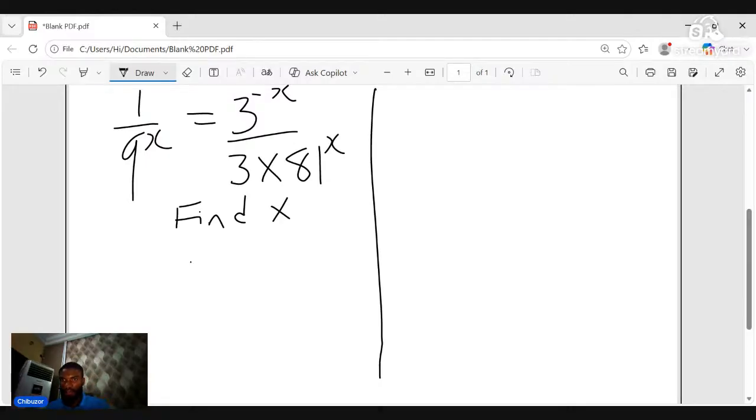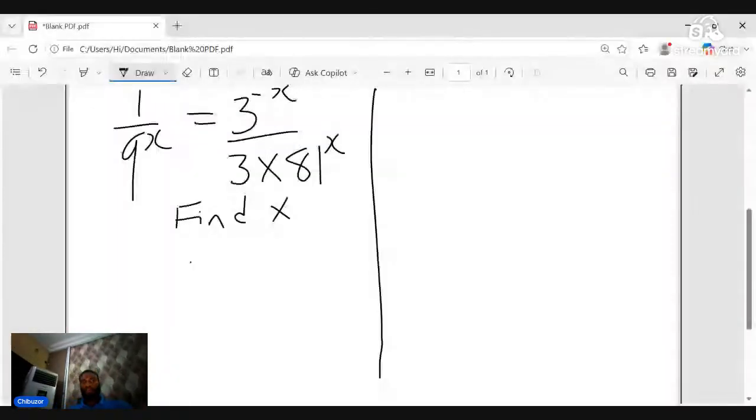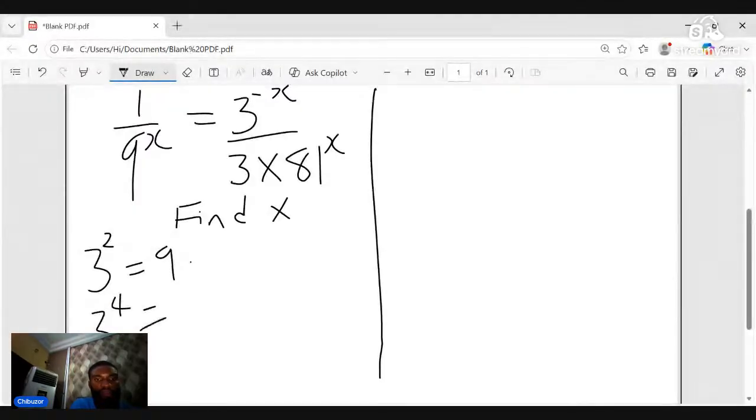Has anyone gotten the answer yet? Okay, let me solve this. How do we approach this? We know that 3 is the common base because 3 raised to power 2 will give us 9, and 3 raised to power 4 will give us 81.